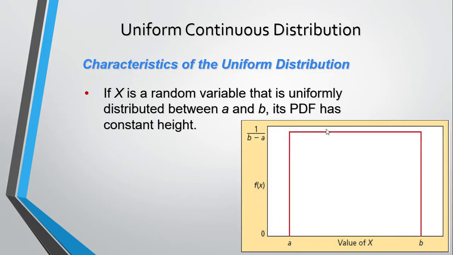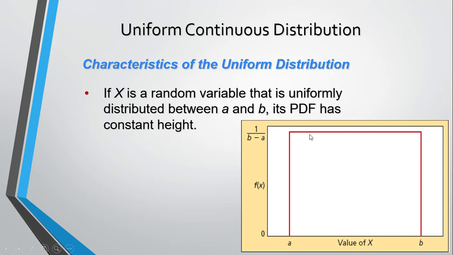Now let's talk about the uniform continuous distribution. That's the simplest form of continuous distribution. The characteristic is that if x is a random variable uniformly distributed between A and B, the PDF has a constant height.